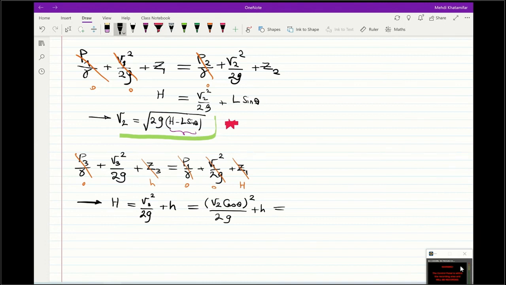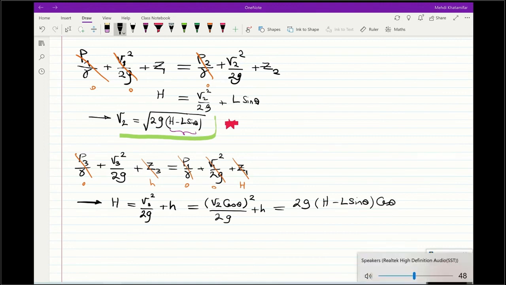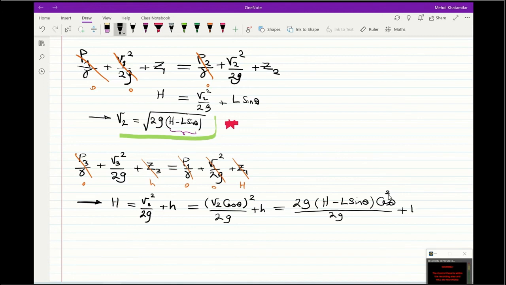So this is going to be 2g times (h minus L sine of theta) times cosine squared theta divided by 2g plus h.